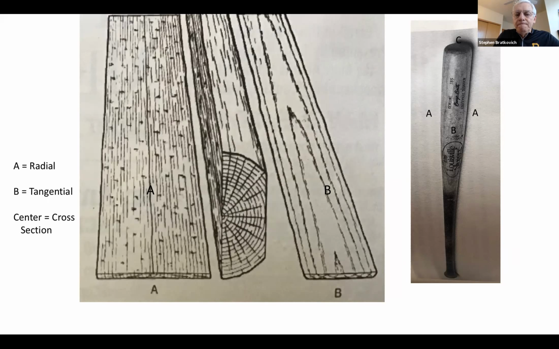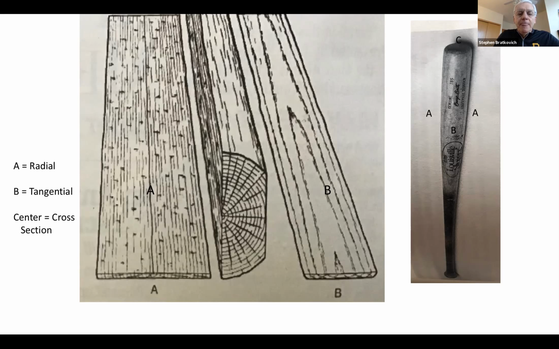And I show that on the right with the bat, the A is the edge, and the B is where the trademark is.